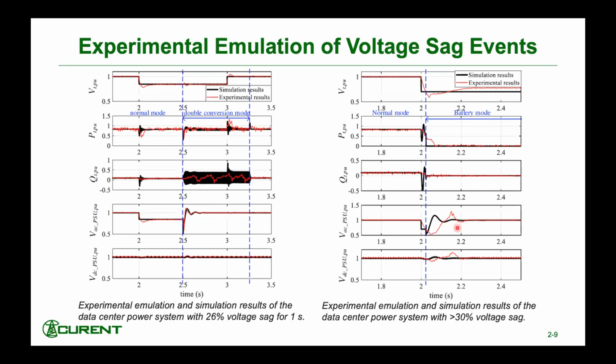Because the local network is not stiff enough, you can see the voltage actually has some swing and then increases to a higher level after the load shedding. Comparing the simulation and the experimental results, the gradually dropped terminal voltage in the emulation is more realistic because in practice, the voltage sag event caused by either a circuit fault or other contingencies is not instantaneous.